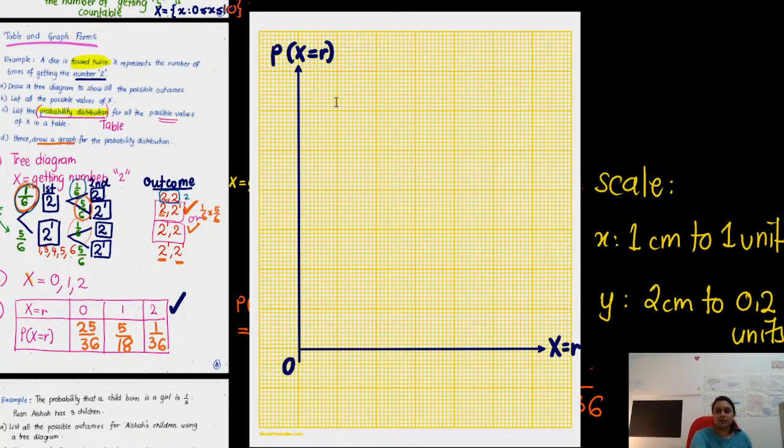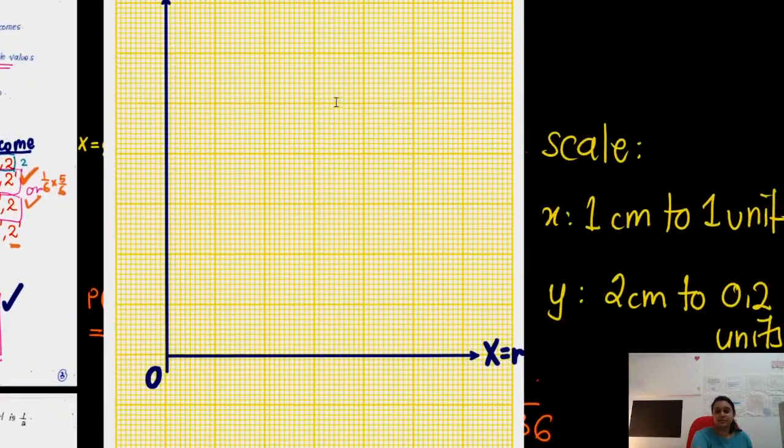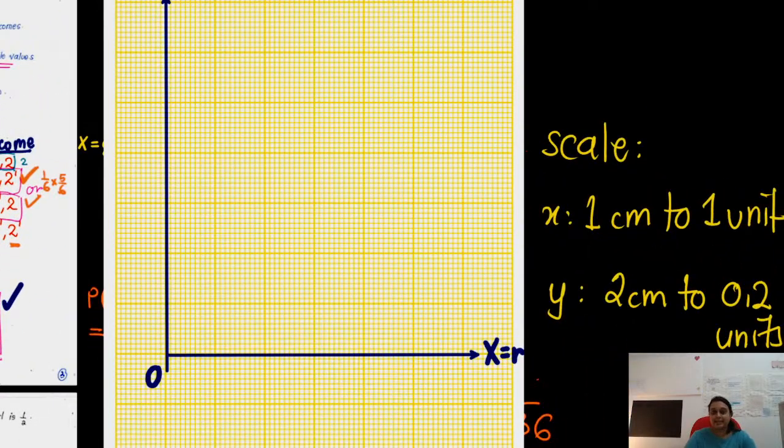What does this mean? For the x, 1 cm: if you take your ruler, 1 cm should be 10 boxes. So here you write 1, then here 2, here 3. Usually you can stop at 3, because the working that you did is also until x equals 3.